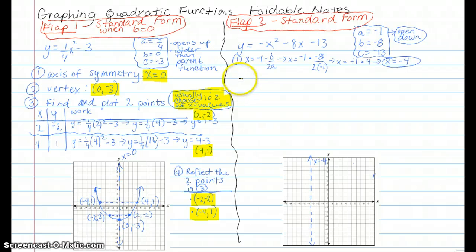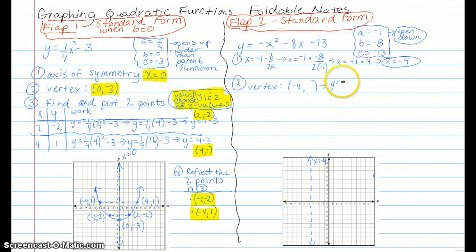So when we go down to the vertex, step number 2, we know already what the x coordinate is going to be, and that's going to be negative 4. So we're looking for our y coordinate. We're simply going to use the equation y equals negative x squared minus 8x minus 13 to help us. I'm probably going to use the subtraction rule to be a little more accurate.